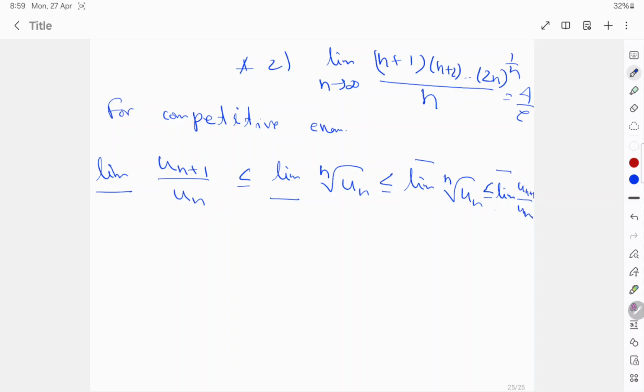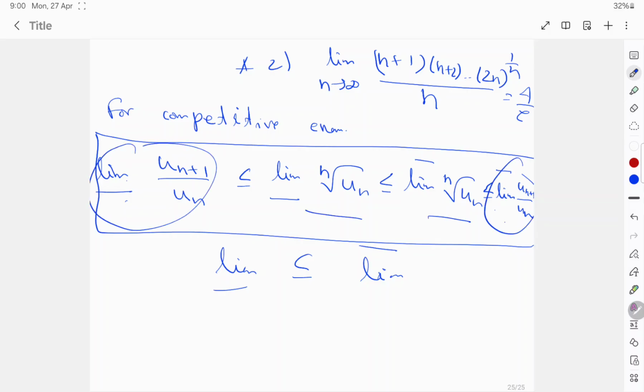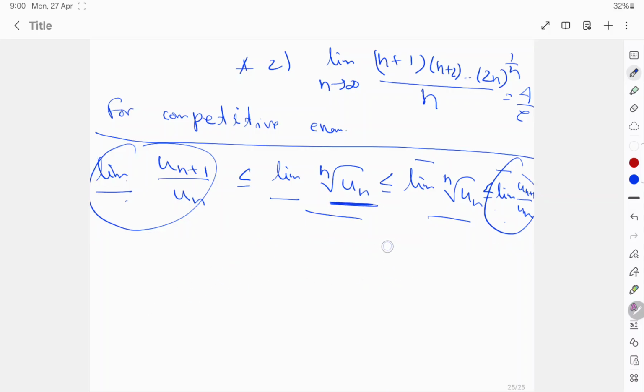Okay, so basically lim sup is always greater than or equal to lim inf. This always happens, but this is a relation where you will see that n root of un lies in between these two terms. So from here you can say if the limit of un plus 1 by un exists, this implies that this limit exists, right? Whenever you face a competitive exam, this type of result is very, very important. Okay, proof is not important, but for your exam it is important.